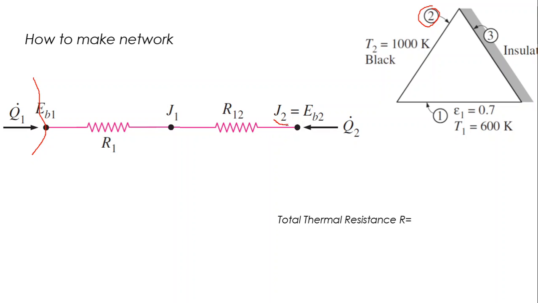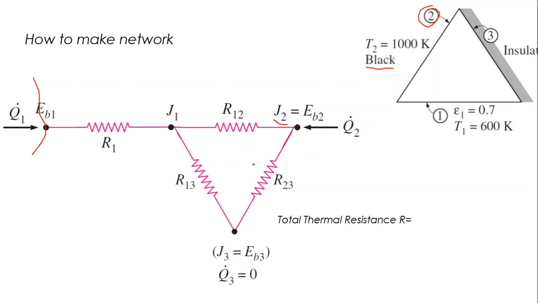What is J2? Radiosity of surface 2. As I told you already, surface 2, that is a black body, will not have surface resistance. You have to revise the previous lecture to find out why it is not having surface resistance. For insulated body 3, I already told you it will not have surface resistance, and I already explained it.